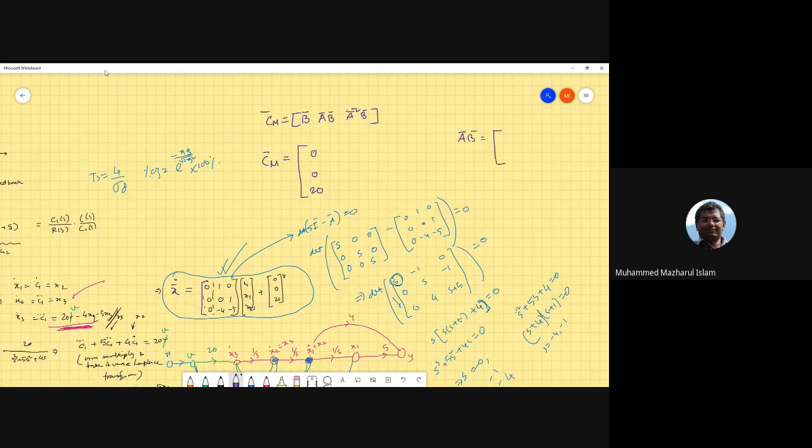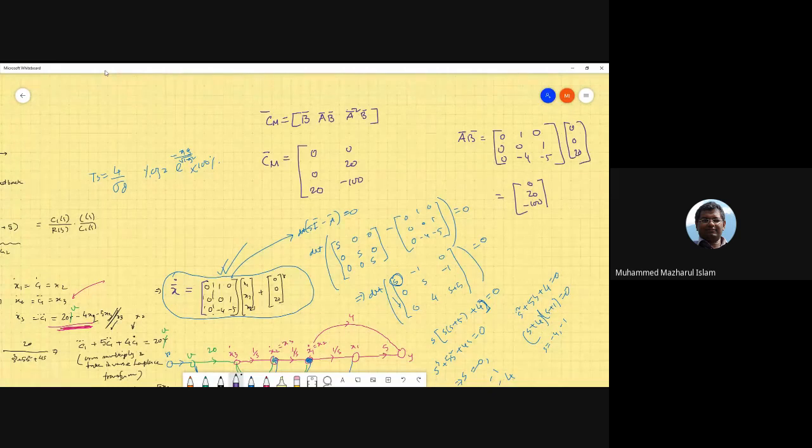But this can be hand calculated as well. The problematic one will be A squared B. This was 0, minus 4, minus 5 times 0, 0, 20. So the first one would be 0, the second one would be 20, the third one would be minus 100. So this is easy.